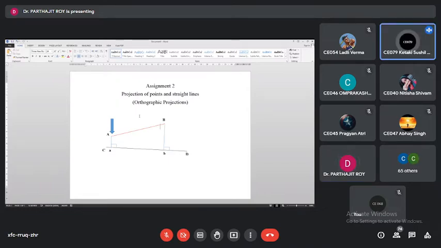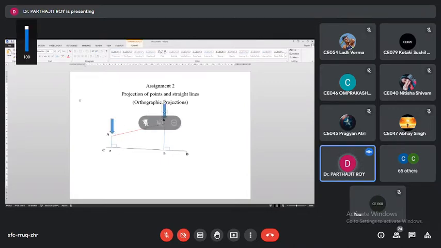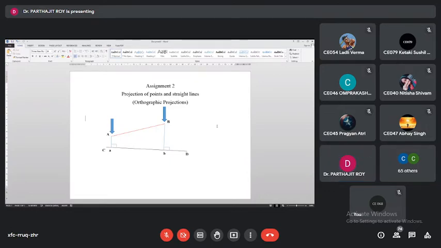Am I correct? Yes. Similarly, if I look at the point B, then I get the projection of point B just below the down arrow that I have given on CD. Both the arrows are perpendicular to the line CD. Am I clear? Yes, sir.